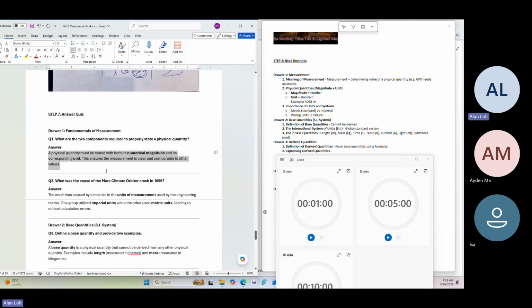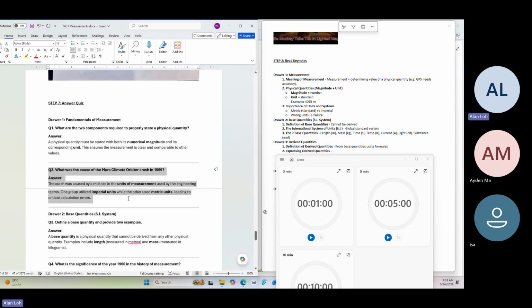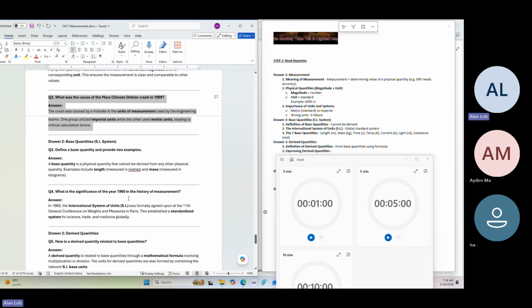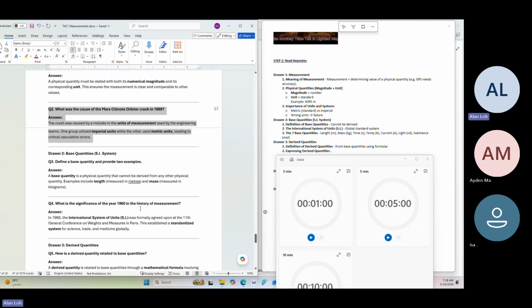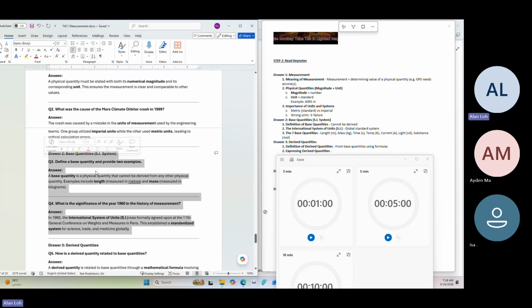So magnet pulls you, so magnitude and unit. That is mainly about question 1. Question 2 is about the matrix and imperial. I hope your understanding now increased to 7 for drawer 1.